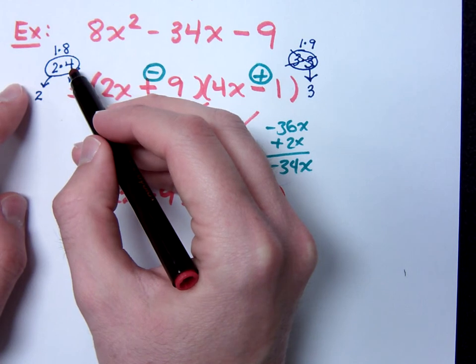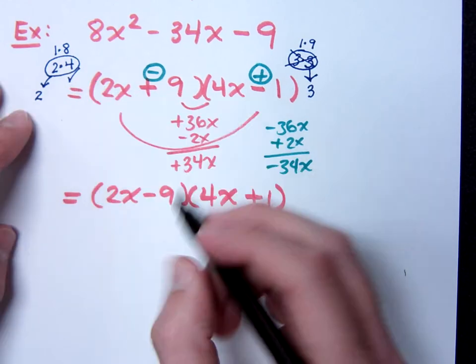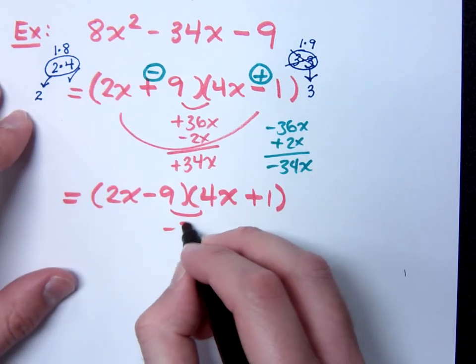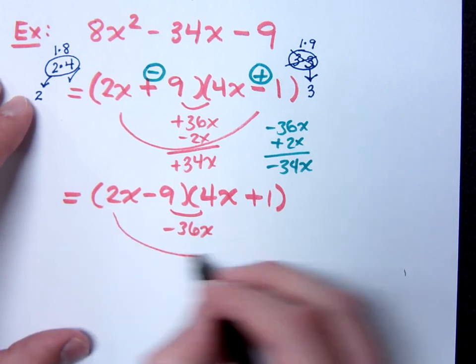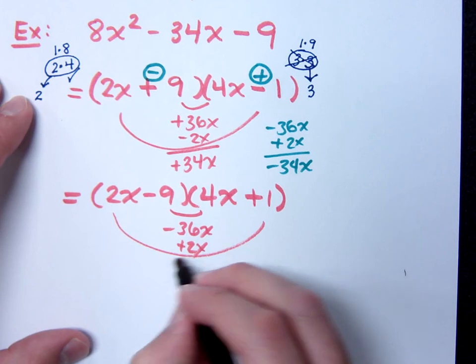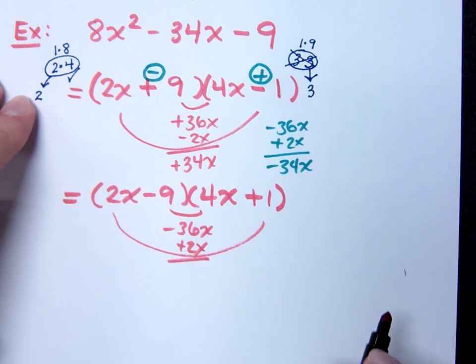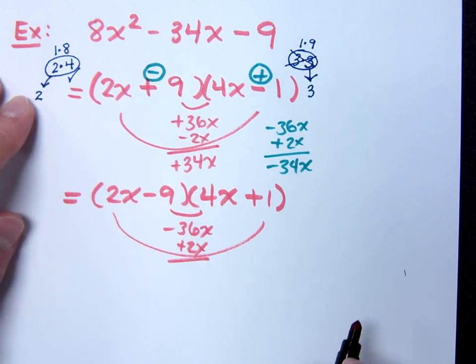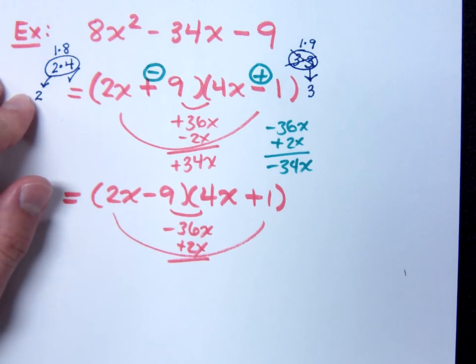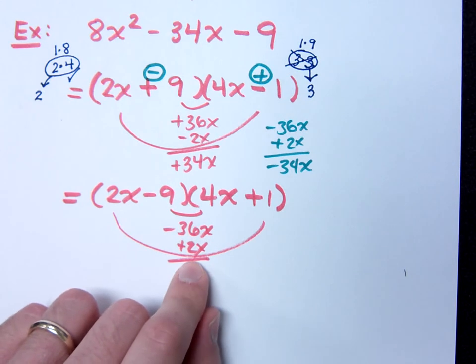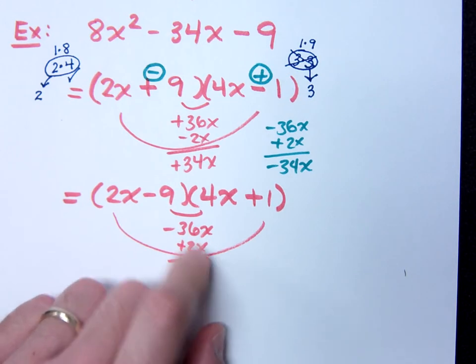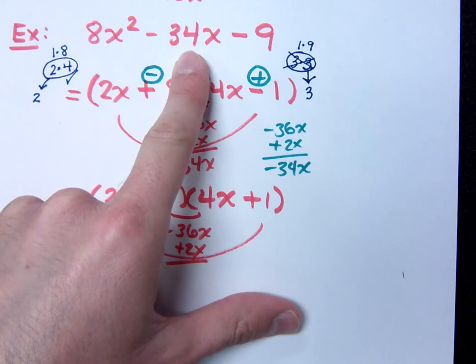So when I do the inside here and I get negative 36x, that's a multiple of 2. The outside gives me a positive 2x, which is also a multiple of 2. When you add multiples of the same number, you get multiples of that number. So a multiple of 2 with a multiple of 2, when I add these guys, gives me a multiple of 2. That's what 34 is.